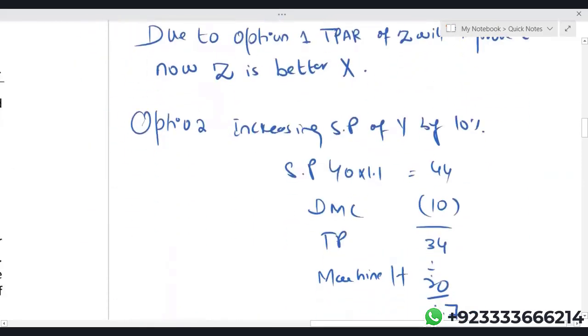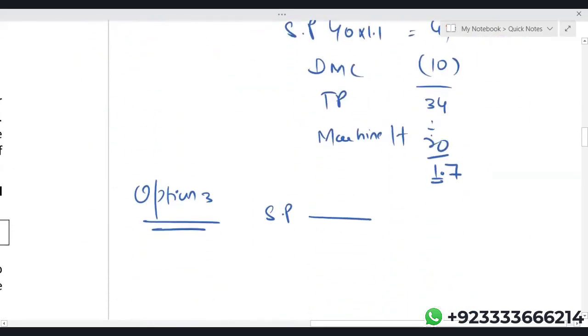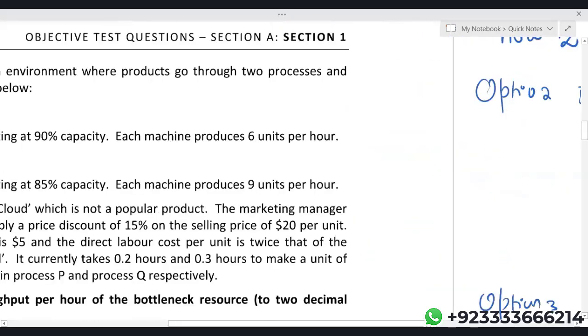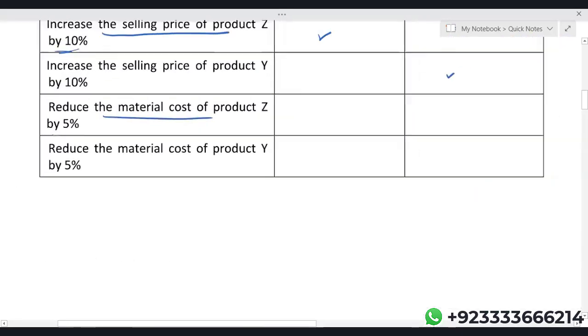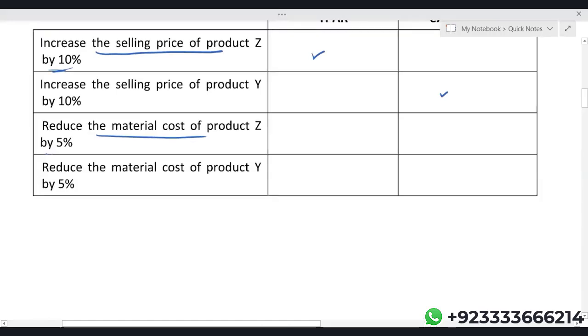I told you, students, when you are applying one option, you will forget other options. So selling price of Z is 20. Direct material cost. What are they saying? Direct material cost reduces by 5%.